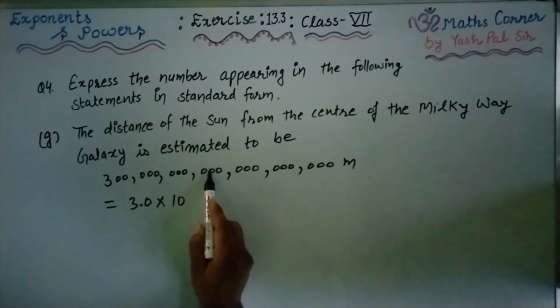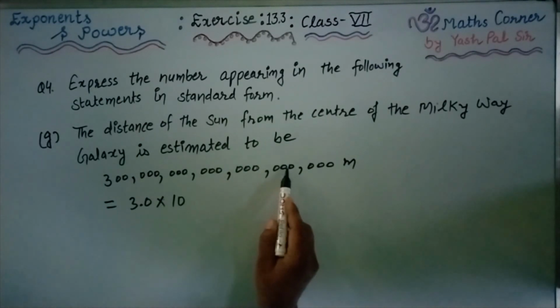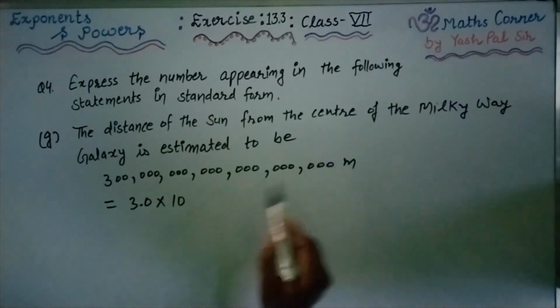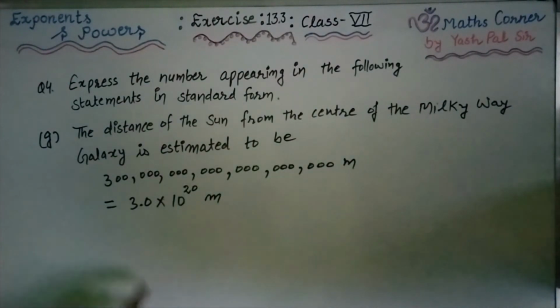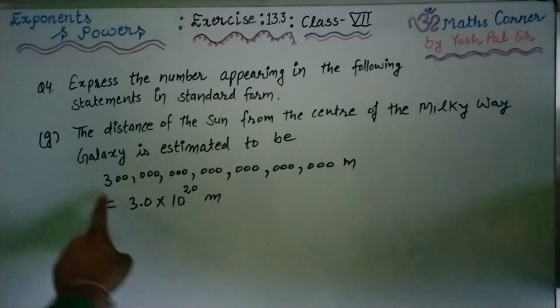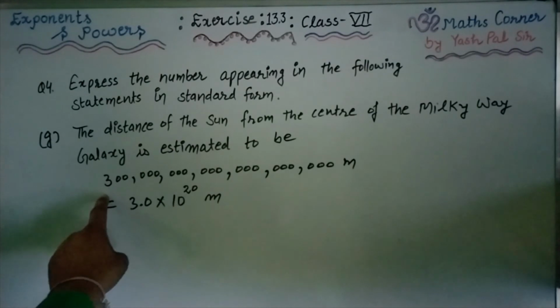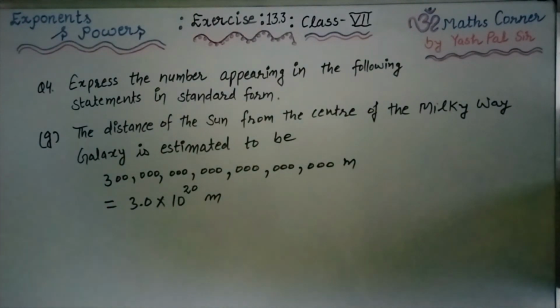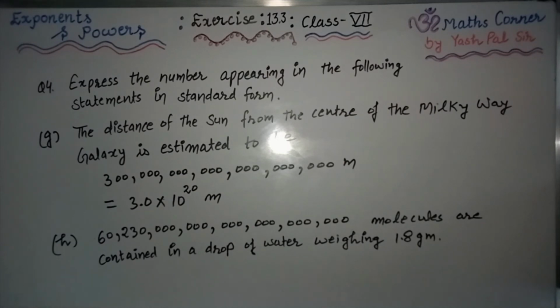We count the digits after 3, 1, 2, 3, 4, 5, 6, 7, 8, 9, 10, 11, 12, 13, 14, 15, 16, 17, 18, 19, 20. 10 raised to power 20 meter. So easily we can read this, because we have converted this large number in the standard form. Earlier this was difficult to read.